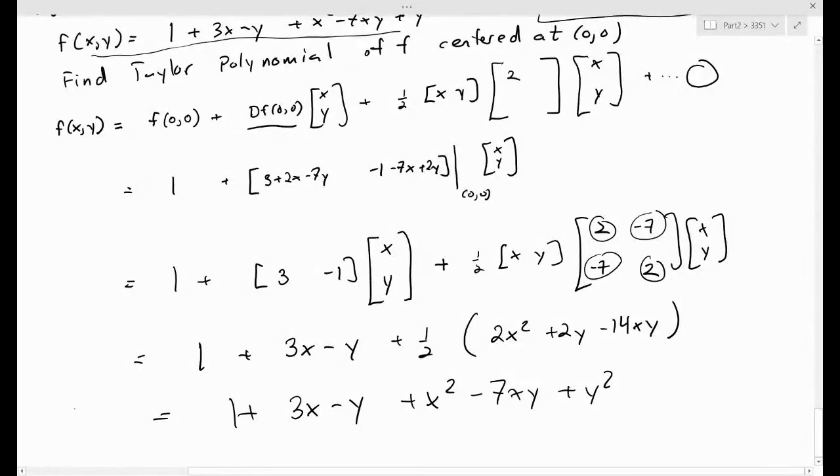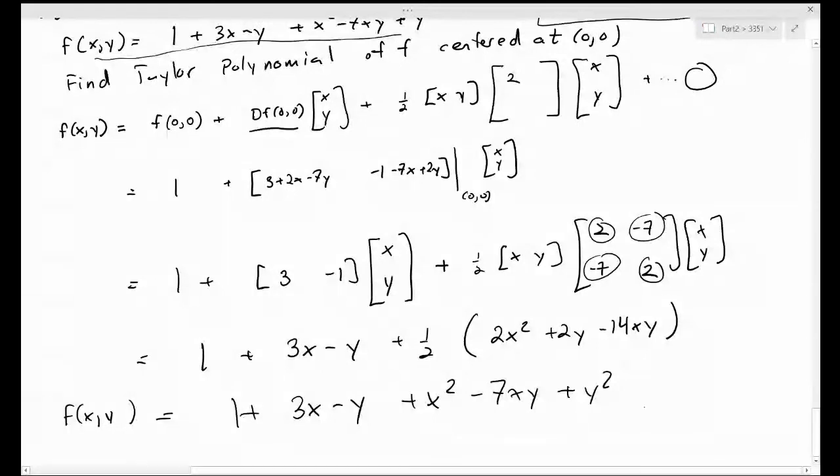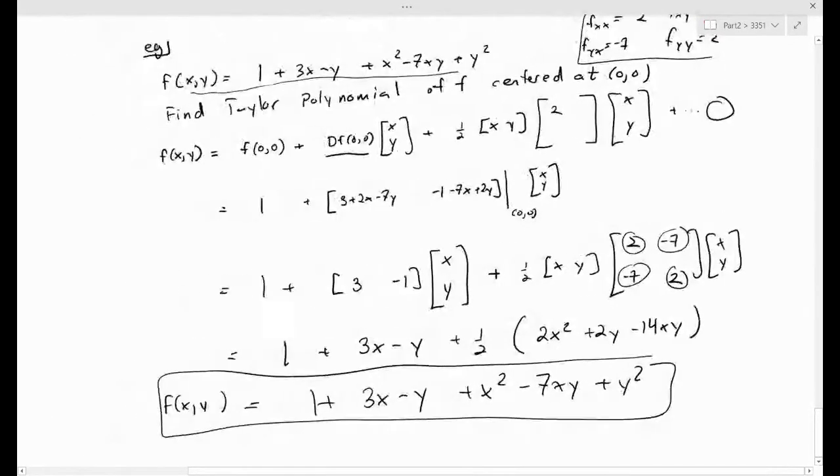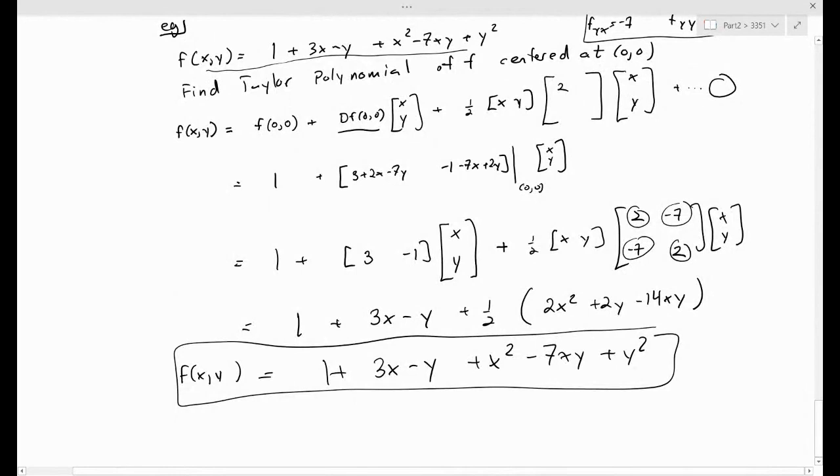So doing a Taylor expansion at the origin, we get this polynomial. And how does that compare to the original? It's exactly the same thing. So why would that be?